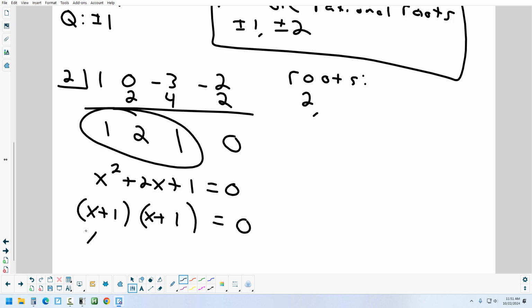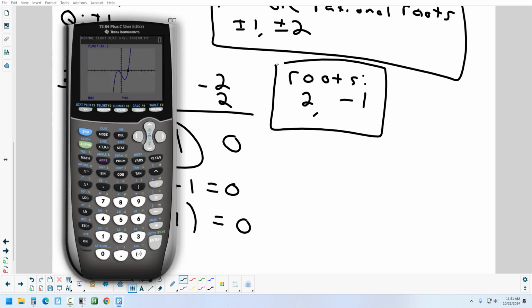What number would you plug into the first factor to make it 0? And we're going to add that number to our list. -1. And what number would you plug into the second factor to make it 0? Well, it's the same number. So that's why this graph only crosses the x-axis at +2 and -1.